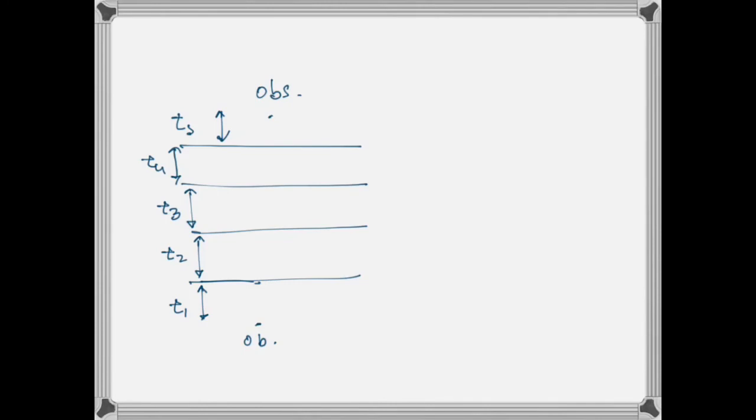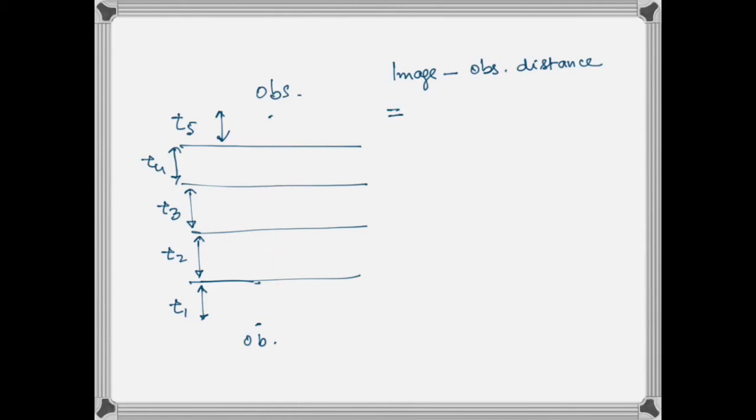Again, the same situation, an object, these are the T1, T2, T3, T4, T5 thicknesses, and this is the observer, this is the object. Now we have to find the image to observer distance. Wherever the image is seen, the distance between that position and the observer position.